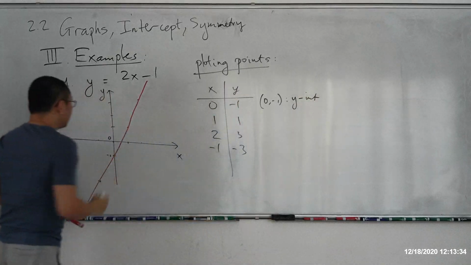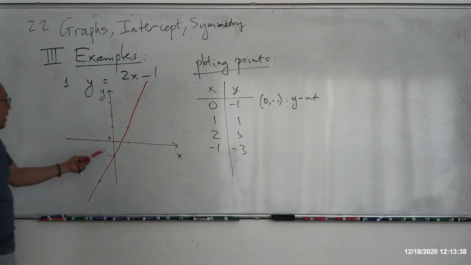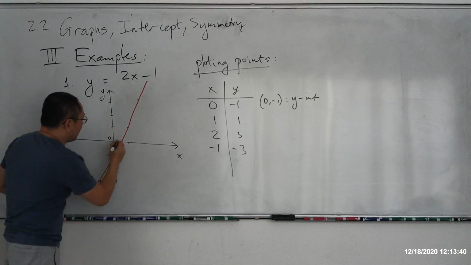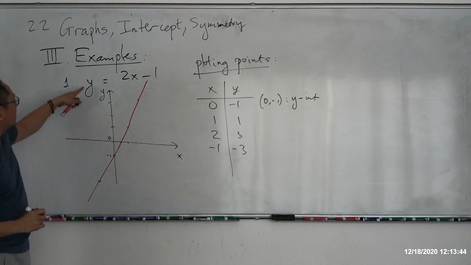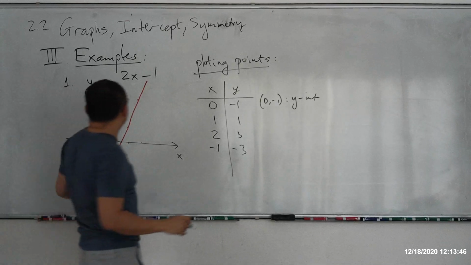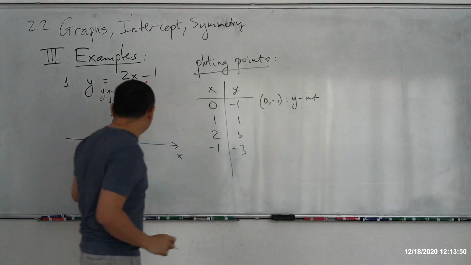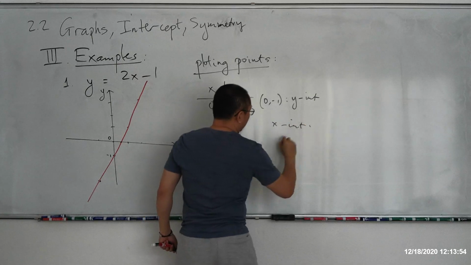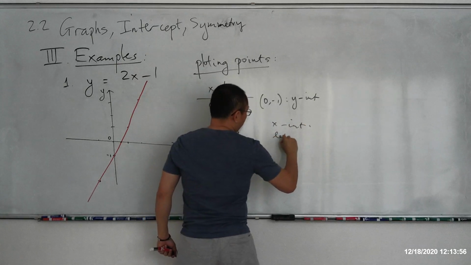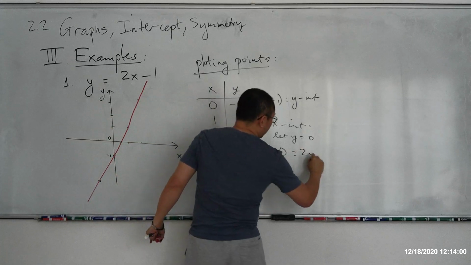What about the x-intercept? Recall what we just talked about a couple of minutes ago. What are we going to do to find the x-intercept? I see one right here. How do we find that point? We're going to plug in y equal to 0 and solve for x. So for the x-intercept, let y equal 0. I get 0 is equal to 2x minus 1.